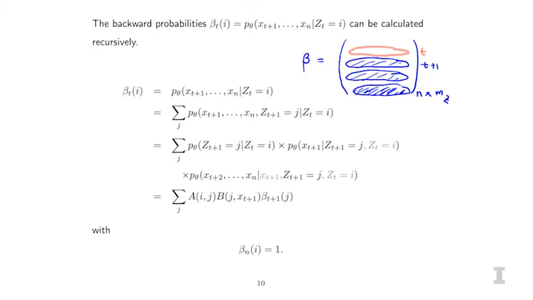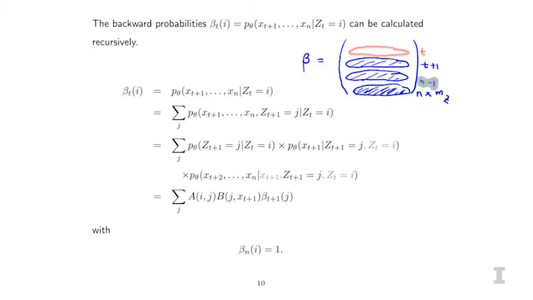Let's continue with our calculation for the backward probability. As I mentioned before, the backward probabilities are arranged as a matrix, n by m_z. We're going to fill in this matrix from the bottom. The bottom cells for beta will be all 1. Then we compute the row at n minus 1 and go all the way up.